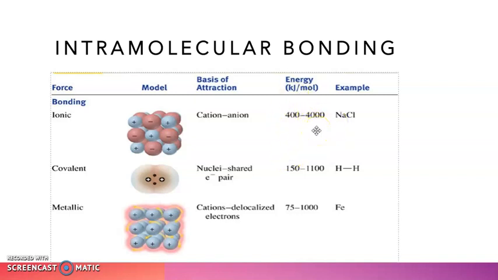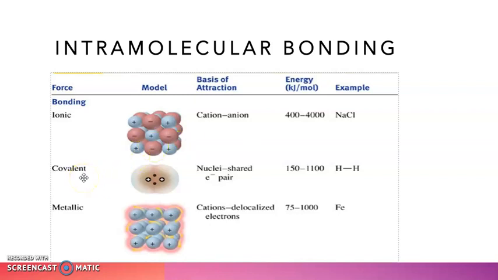Bond energy is a representation of the strength of the bond. If it is high, then the bond is very strong. So ionic bonds are considered the strongest. The example is NaCl. Bond energy is nothing but the energy required to break the bond, so if it is more, the strength of the bond is higher.